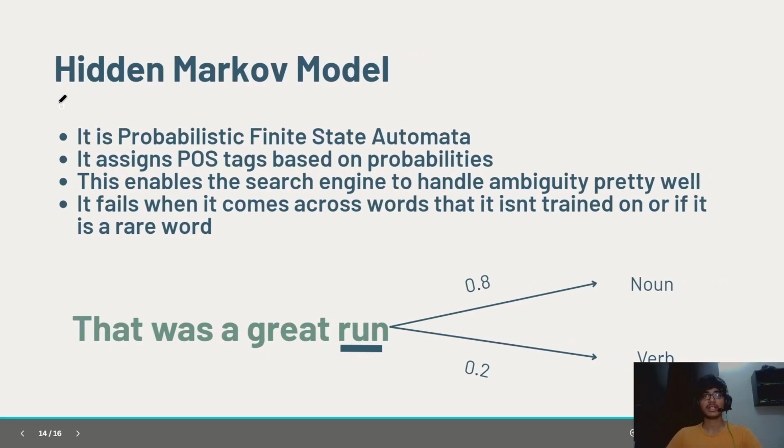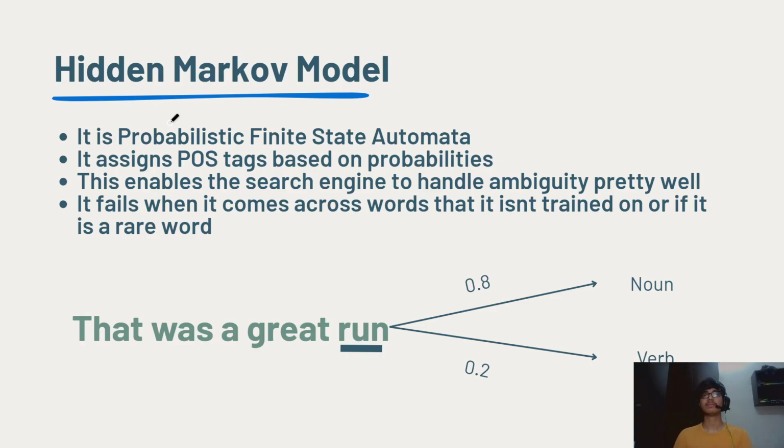So that is when the hidden Markov model comes in. It is a probabilistic finite state automata, so its transitions are based on probability.